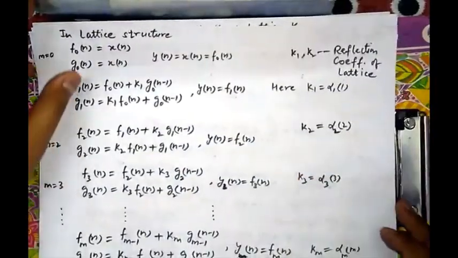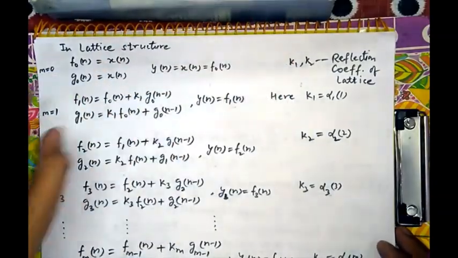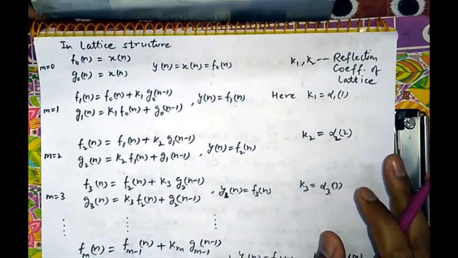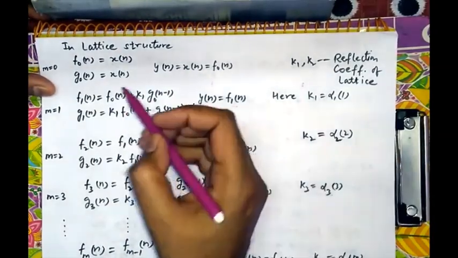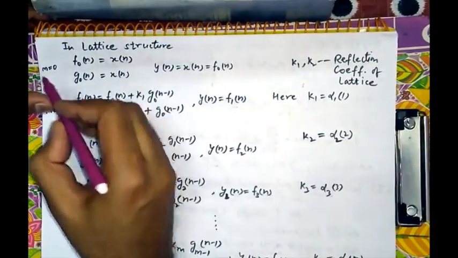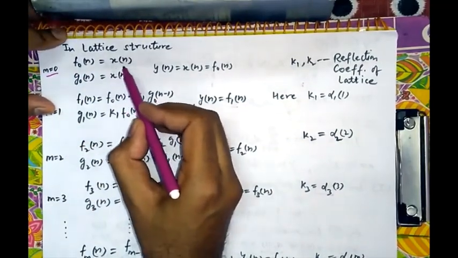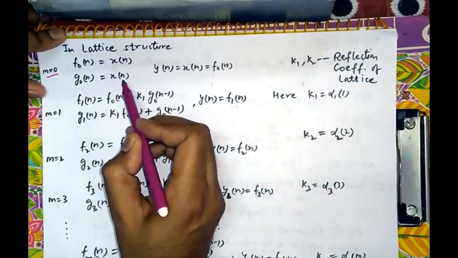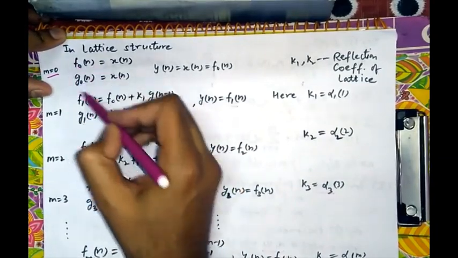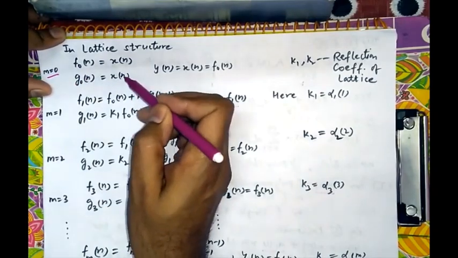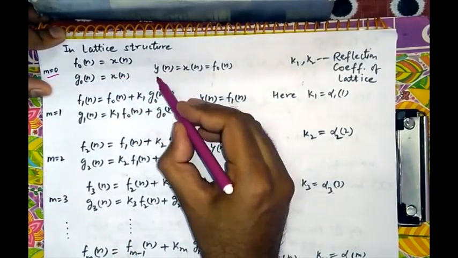But in the lattice structure we have different coefficients. Basically this is the only difference between the lattice structure and the direct form structure: these coefficients. So for the lattice structure, for zeroth order, suppose f0(n) is equal to x(n) and g0(n) is equal to x(n). We have defined two functions f and g, and for zero order these are the input, and the output y(n) is equal to x(n).